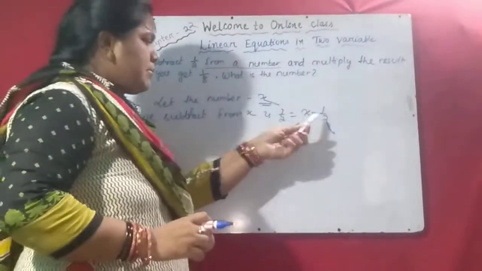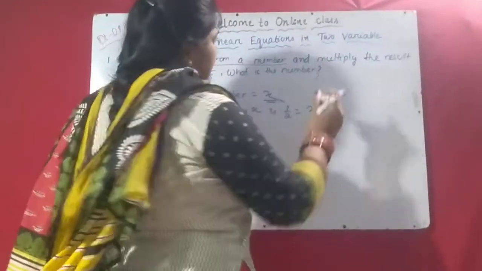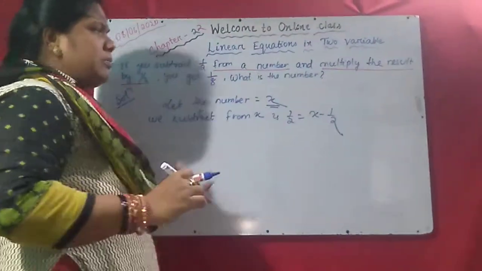Next, multiply the result by half. What will the result be?